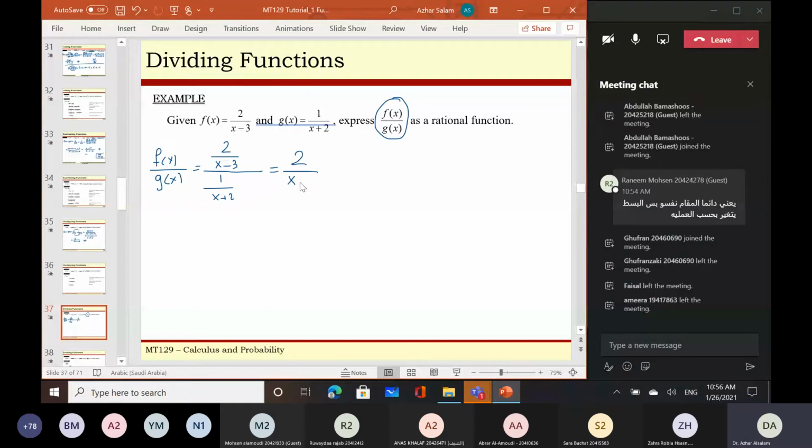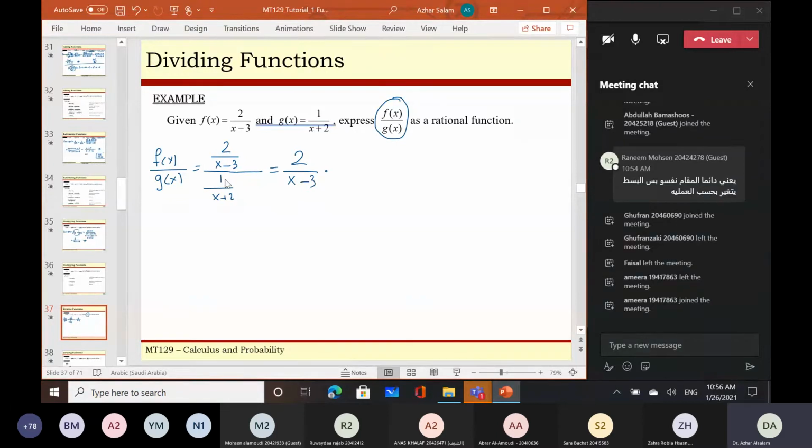I write f as it is, like that, multiplied by the reciprocal of the denominator. The denominator, which is 1 over x plus 2, will be x plus 2 over 1. Then I make the multiplication, numerator by numerator and denominator by denominator.